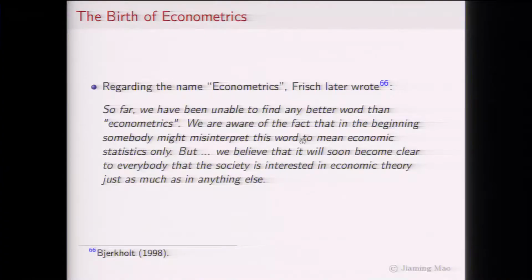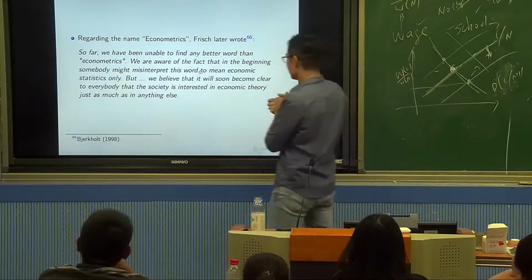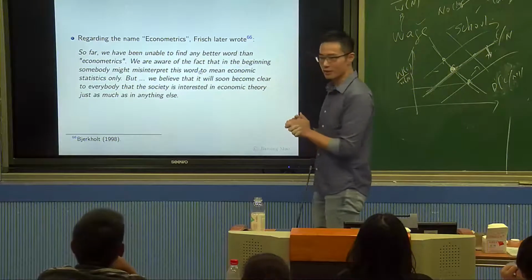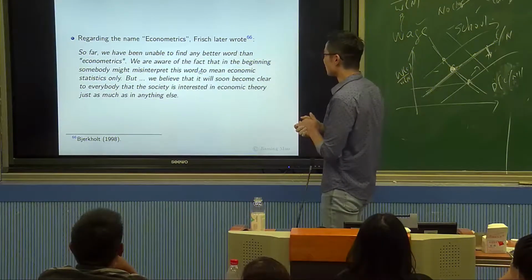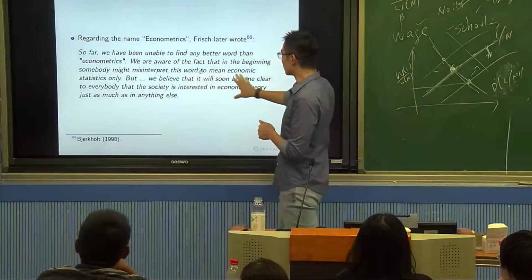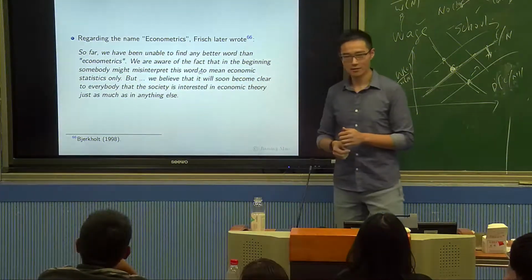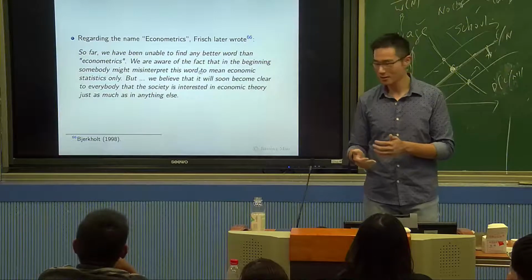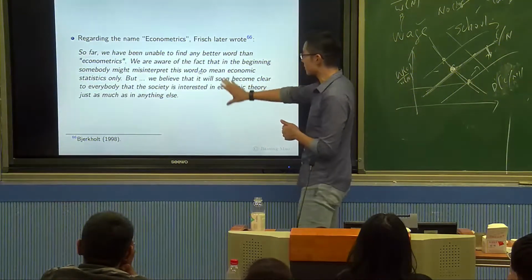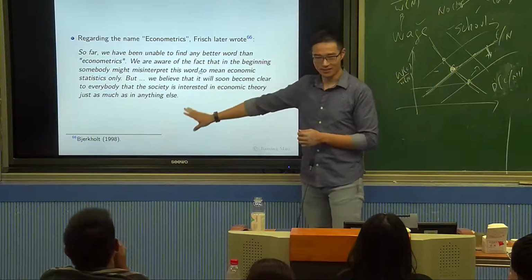In short. And he later wrote that we have been unable to find any better word than econometrics. We are aware that in the beginning, somebody might misinterpret the word to mean economic statistics. No, that's not economic statistics, because we believe everybody will soon be clear that we're interested in economic theory as much as anything else.